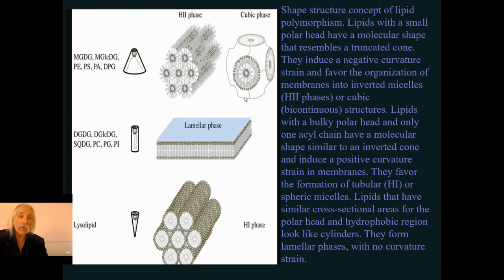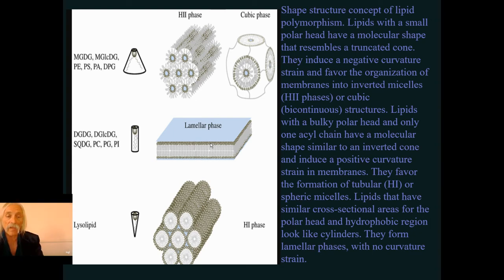If you have digalactosyldiacylglycerol or the diglucosyl diacylglycerol, the sulfoquinovosyl diacylglycerol, phosphocholine, phosphoglycerol, phosphoethanolamine, you'll make your typical bilayer, okay? The bilayer, or the lamellar phase of the two membrane fractions separating out, with the interior being hydrophobic and the exterior being hydrophilic. Okay, those as a lamellar phase, right?